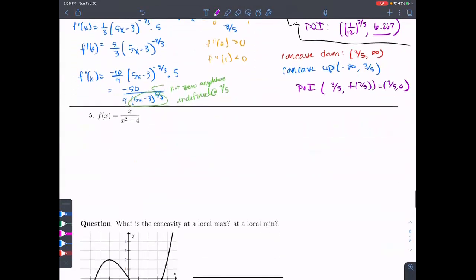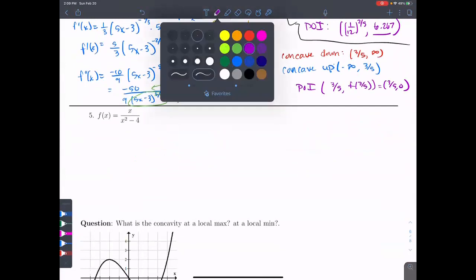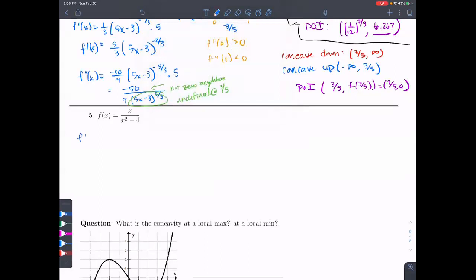Okay. Last example for this video, and then I will start another video to talk about the second derivative test. Let's finish this example first. So we have f prime of x. I'm going to use a quotient rule. So ho d high, so 1 minus high d ho all over ho ho.